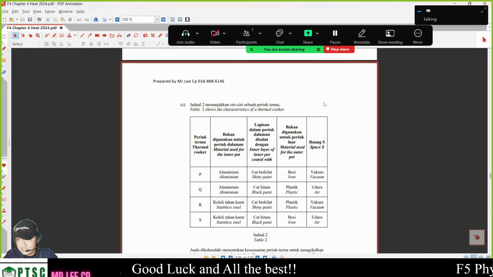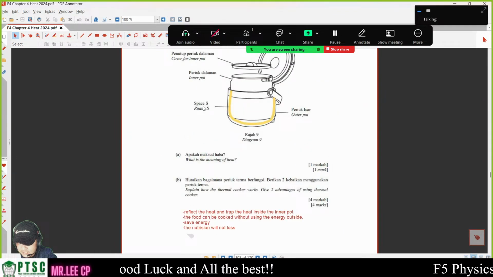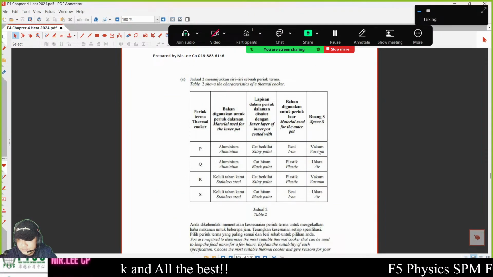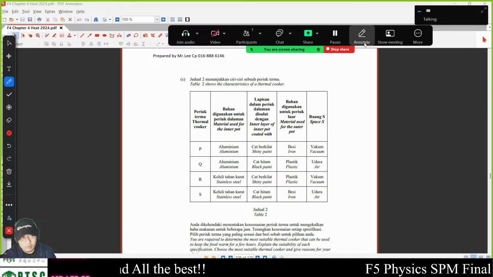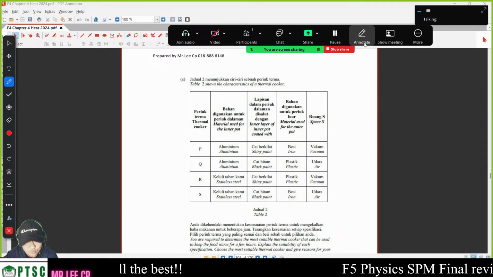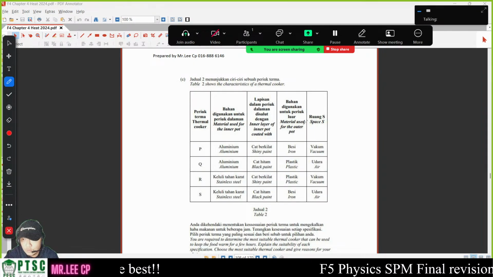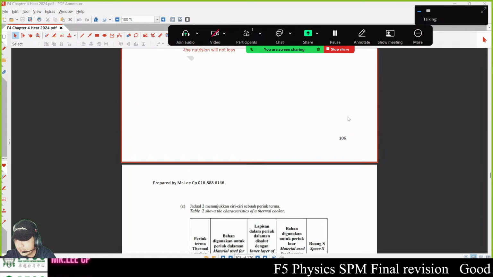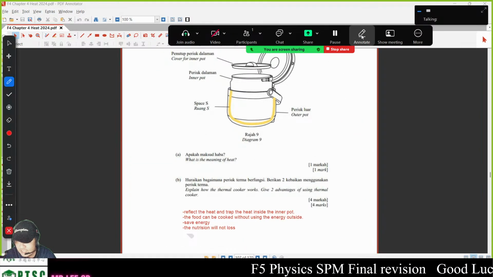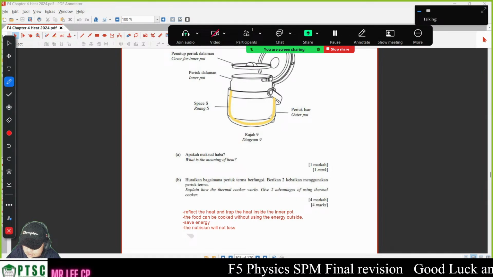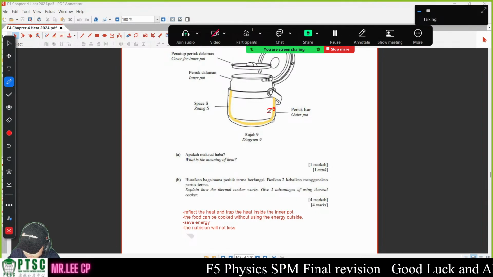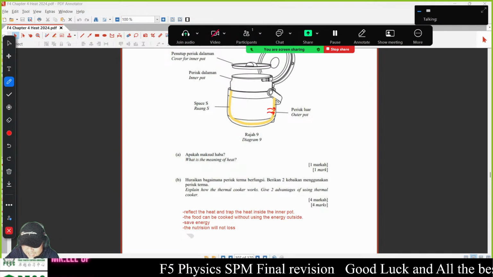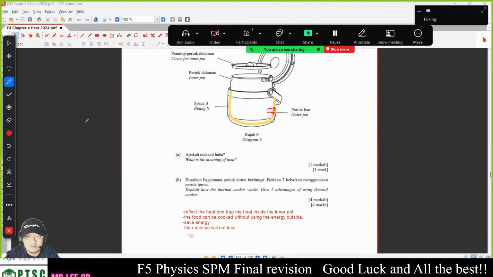And then the space S. Space S is here. Now, when you answer, you need to know what space S is. If it is vacuum, the heat will not escape. If this one is vacuum, the heat cannot transfer to here. If it is air, the heat still can transfer.